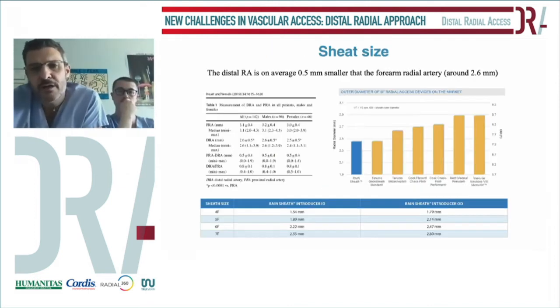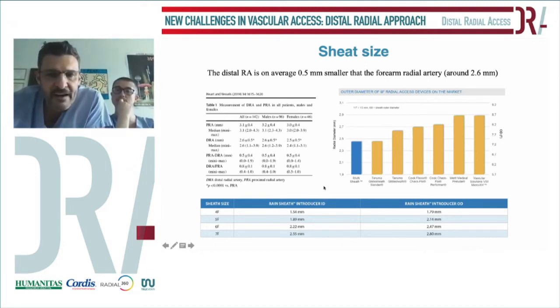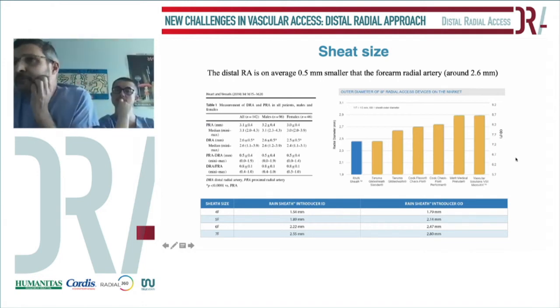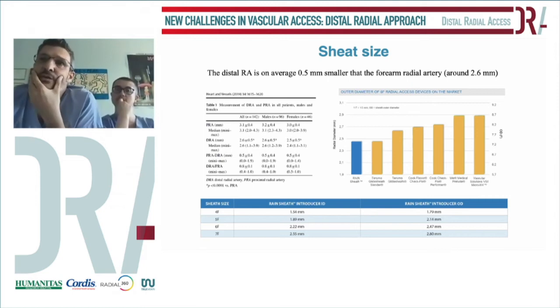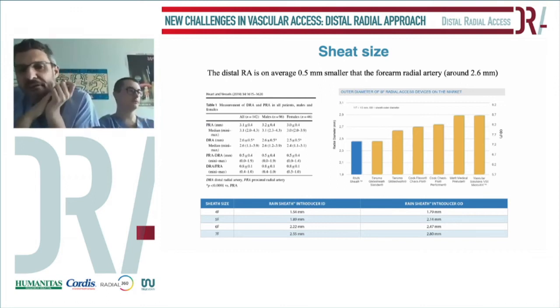This is very important because we should know the outer diameter of the sheath that we have to advance. And fortunately, the new technologies have helped us reduce the profile of the outer diameter of the sheath.